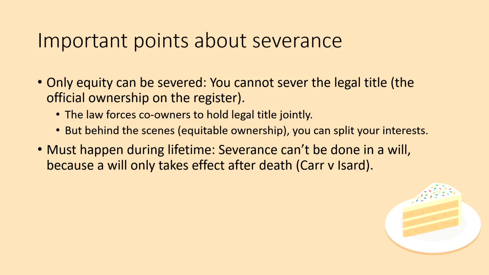If you want to give your share to a specific heir, you will have to do the severance beforehand, before you die. Otherwise, it cannot take effect, as can be seen from the case of Carr versus Izard.